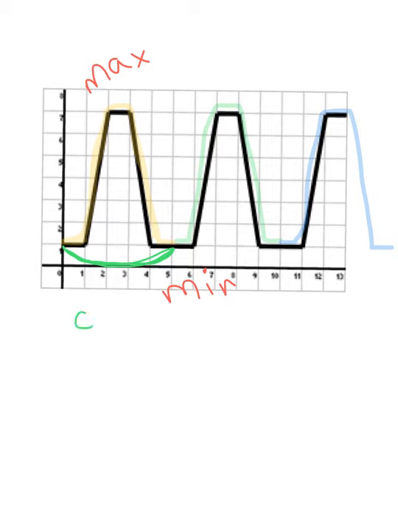We call that a cycle. And the length of that cycle is called the period. The period of this particular function is 5. So you can see it goes from 0 to 5, and then it's going to start over again, and it's going to go from 0 to 5 again.